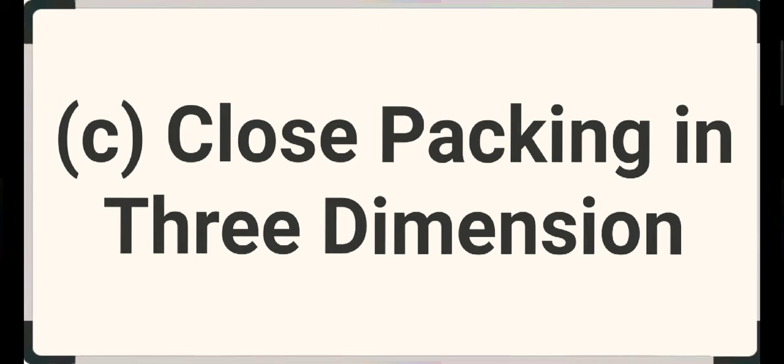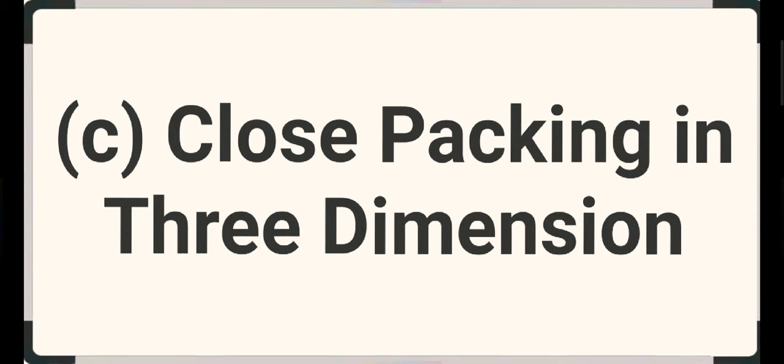Now let us move to the third step, close packing in 3-dimensional structure. Close packing in 3 dimensions needs 2-dimensional layers as a base, and all the real structures are 3-dimensional.